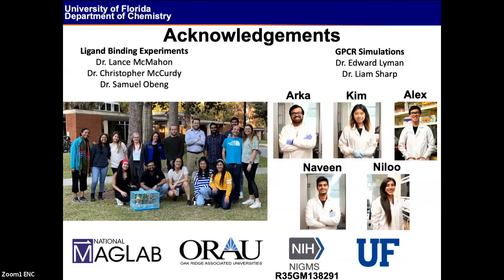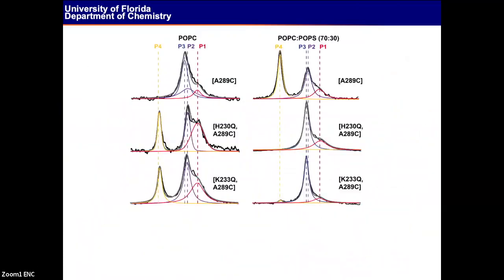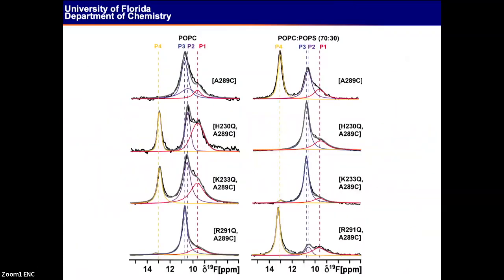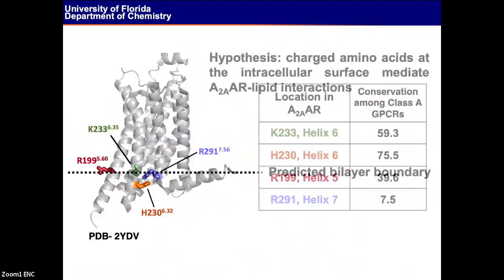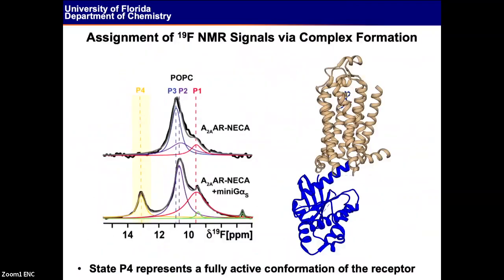I have a question about the POPC experiments you did on wild type. When you showed that even though the agonist doesn't trigger the P4 conformation, the G protein does, can you go back to that slide? Yeah, so what you're looking at here is, that's right. We can force the formation of this signaling complex.